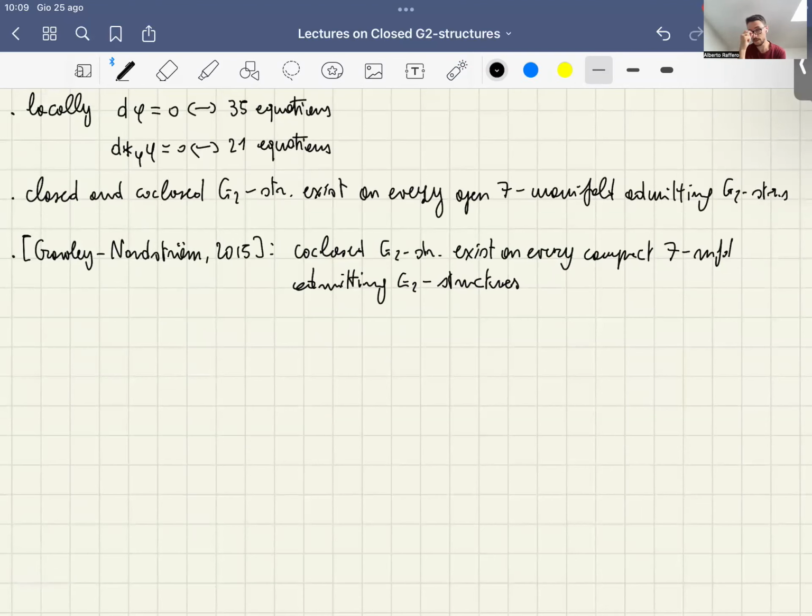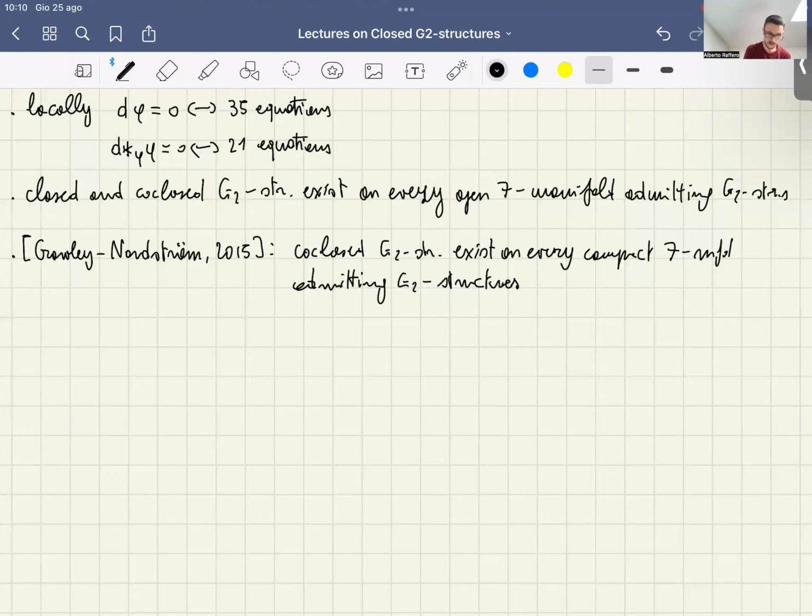And on the other hand, as we saw in the last lecture, closed G2 structures play a prominent role in the theory of G2 structures, as the only known result we have ensuring the existence of torsion-free G2 structures on a compact manifold, that is the theorem by Joyce we stated in the last part of the last lecture, requires the existence of a closed G2 structure whose torsion is small in a suitable sense.